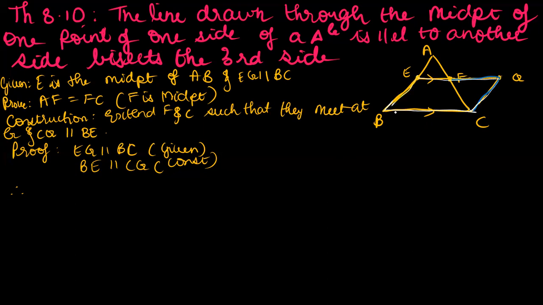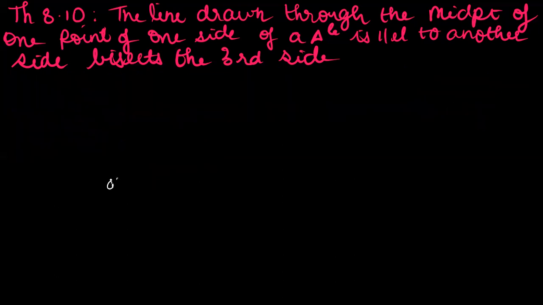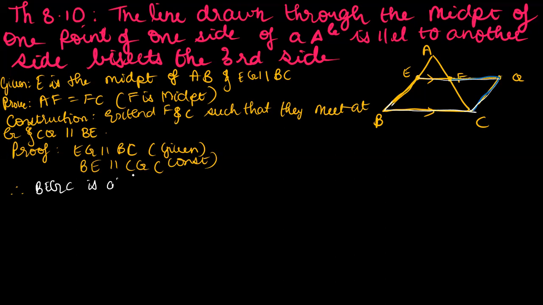BEGC, this quadrilateral, we are saying that it is a parallelogram, because the opposite sides are parallel to each other, right? So therefore, BEGC is a parallelogram. Clear? Now, moving on.